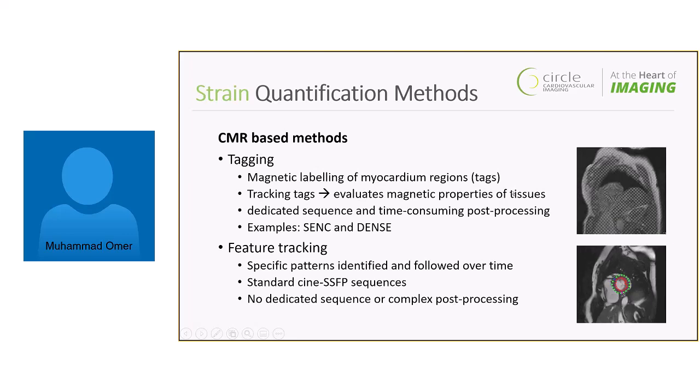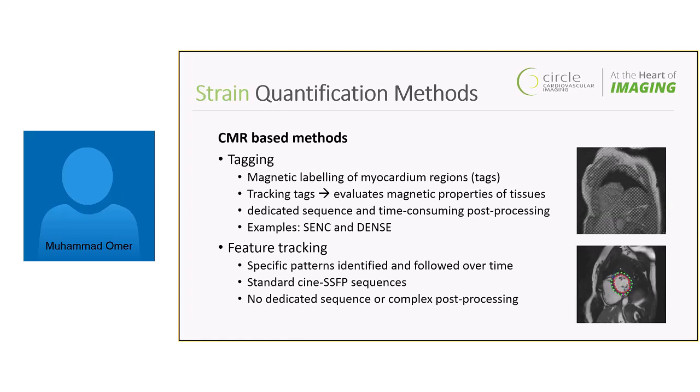What happens here is when we have formed the tags, we start to acquire the imaging sequence. Since the tissues have magnetic properties, tracking the tags is equivalent to tracking the magnetic properties of those tissues.